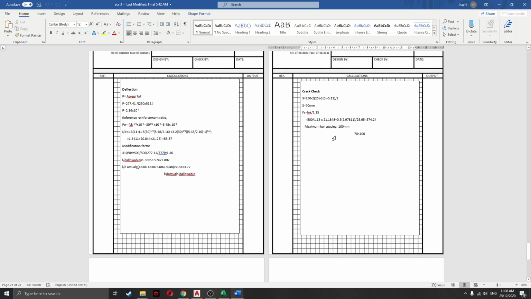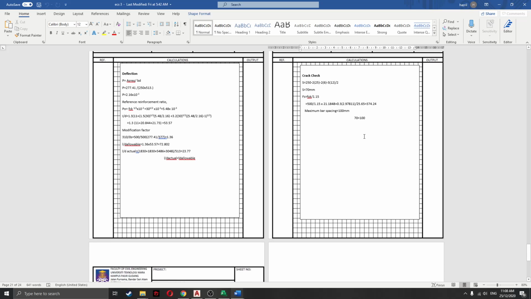Crack check, I get 70 millimeter, As 374.24. The table gives me 100 millimeter, so 70 is lesser than 100, pass.